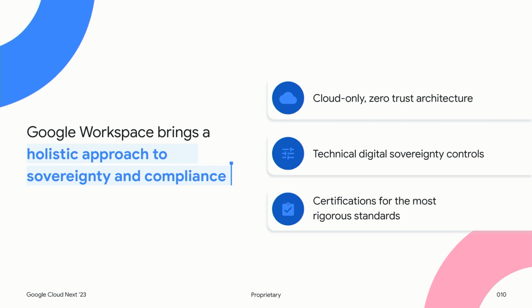So you start off with that really secure foundation, and on top of that secure foundation, we offer a powerful set of digital sovereignty controls that we are calling sovereign controls for Google Workspace, which ensure that you are able to authoritatively answer that key question of who has access to your data.